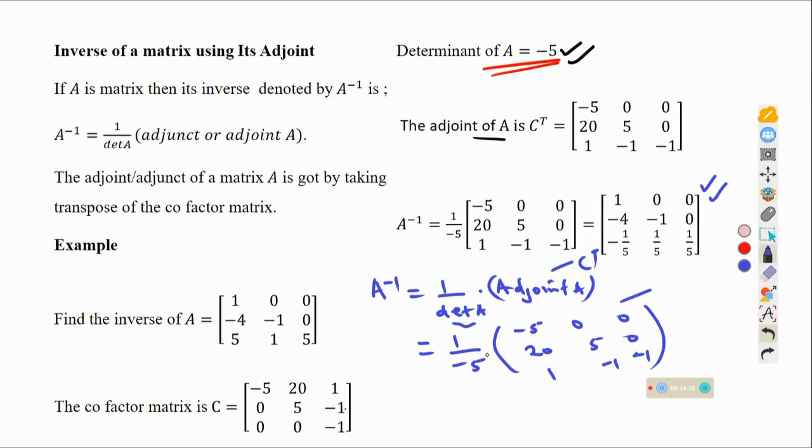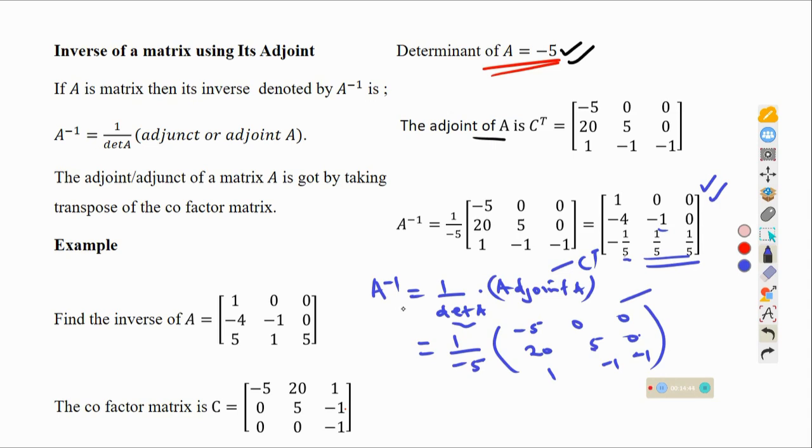Multiplied here should be 0, multiplied here should be 0. -1 over 5 multiplied by 20 should give you -4. This one multiplied on 5 should give you -1. Then 0, 1, and -1 over 5 multiplied by 1, you should be able to get that. We should be able to come up with that inverse.